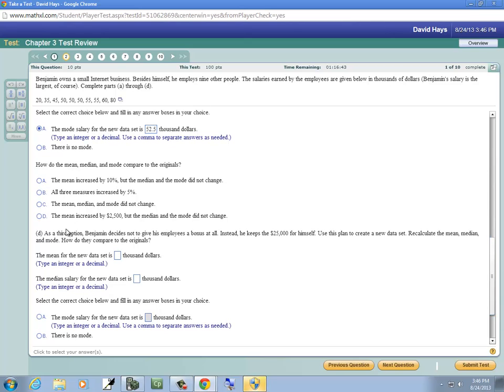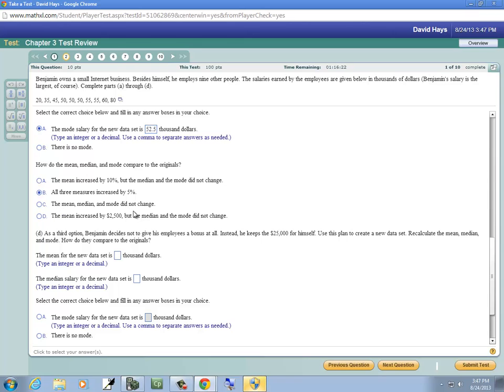This is a never-ending problem. The mean increased by, okay, that's not true. Did not change, that's not true. All of them increased by 5%. That might be true. Mean increased by 10%, but the mean and mode did not change. It must be this one.